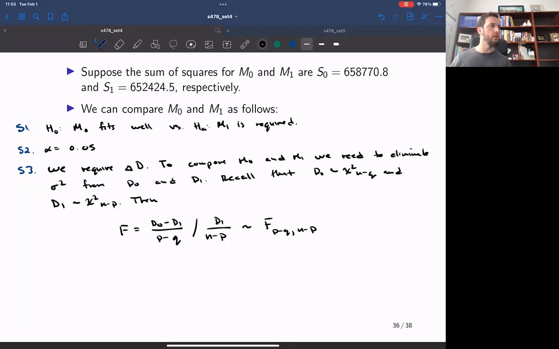All right, so in this situation, this is going to become 658,770.8 minus 652,424.5, divided by p minus q.